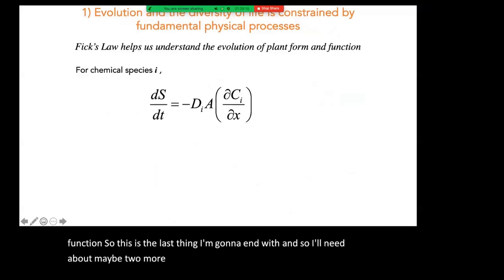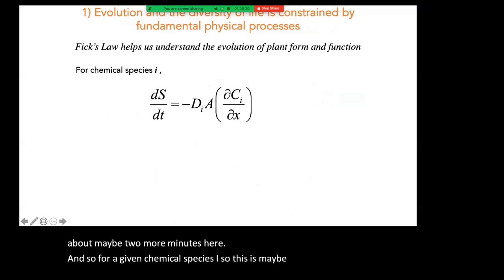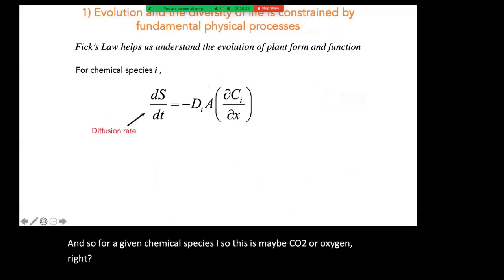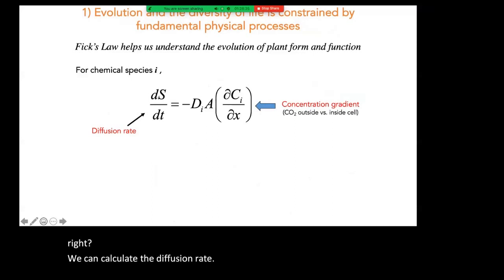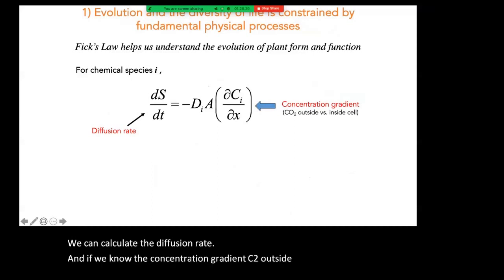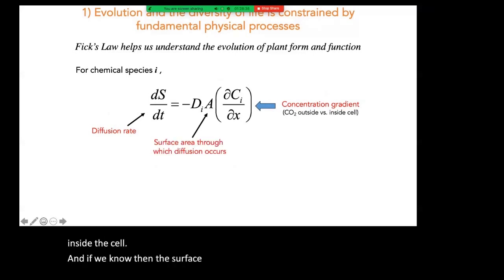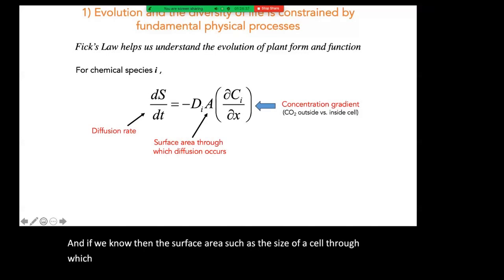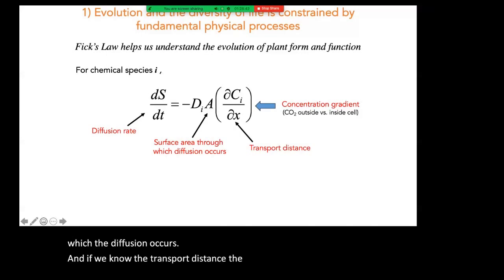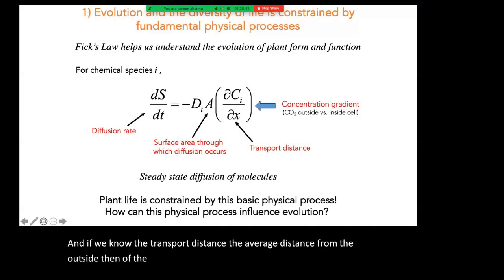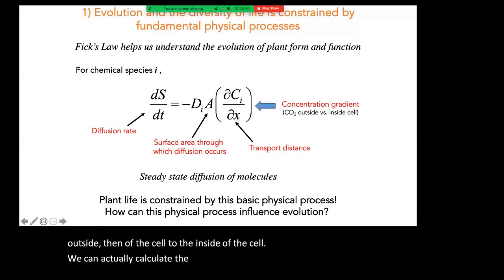For a given chemical species I, maybe CO2 or oxygen, we can calculate the diffusion rate. If we know the concentration gradient, CO2 outside versus CO2 inside the cell, the surface area, such as the size of a cell through which the diffusion occurs, and the transport distance, the average distance from the outside of the cell to the inside of the cell, we can actually calculate the rate at which diffusion will occur.